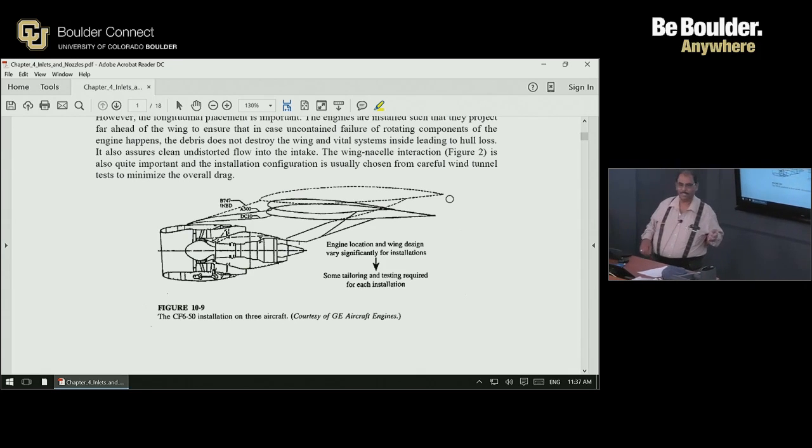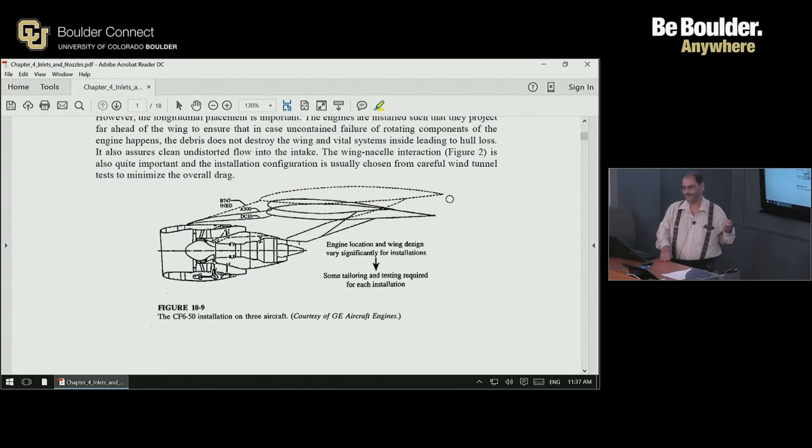They showed that yes, it could be done. So some of the future designs may have engines over the wing.